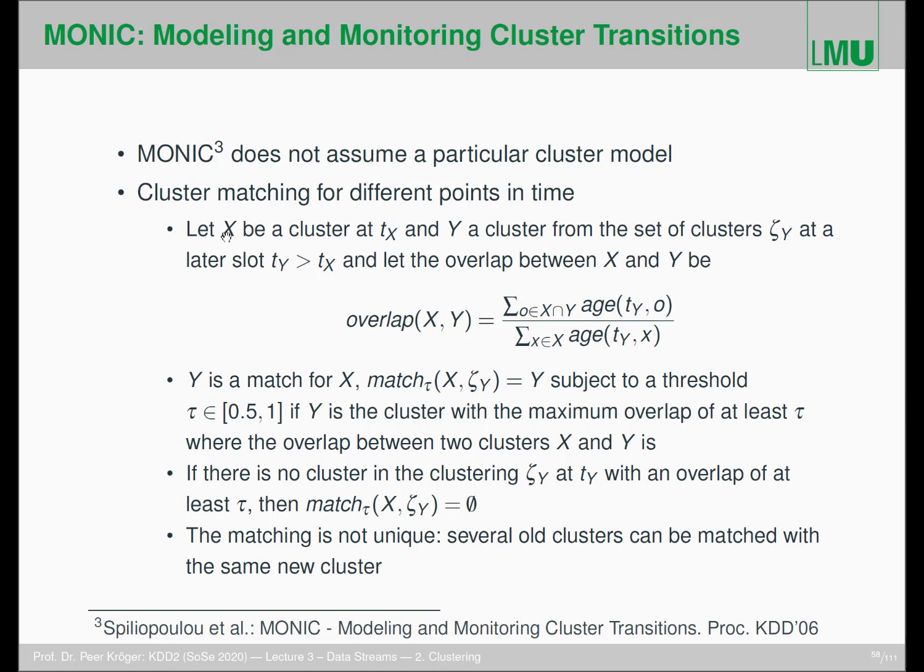And X is one particular cluster from the set of clusters at time slot TX. Yeah, and now you can compute the overlap between X and Y like this one here. So you just sum up all the points in X intersect Y, times the age of each point.